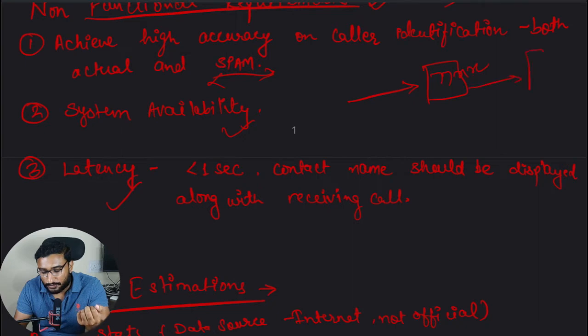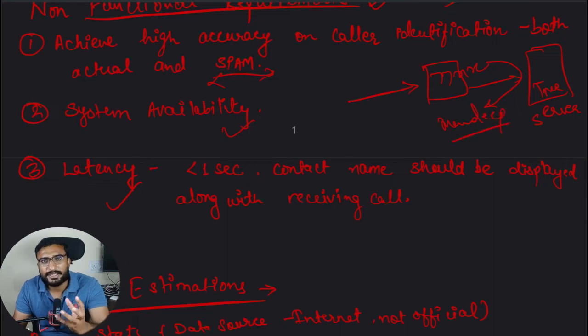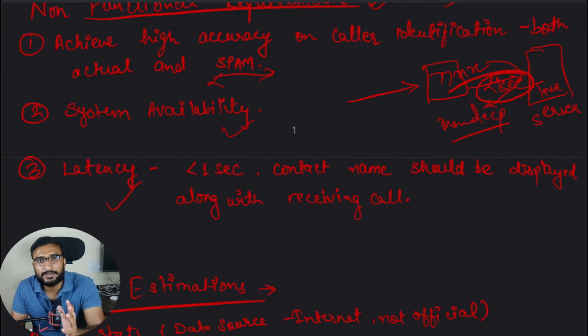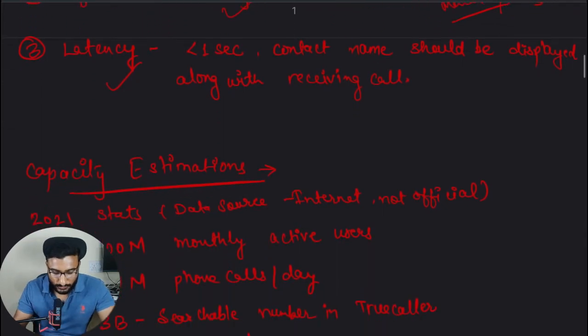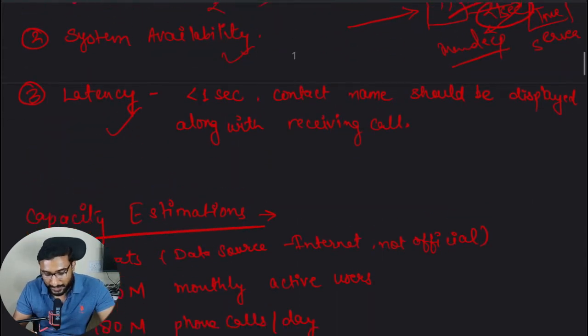Now I call the Truecaller server and retrieve the name, so let's say Mandeep Singh is returned. This round trip should take a minimum amount of time, let's say less than 1 second, so that as soon as you get a call, you know who called your number, and you can take the action of accepting or rejecting the call. That's another important requirement we have.